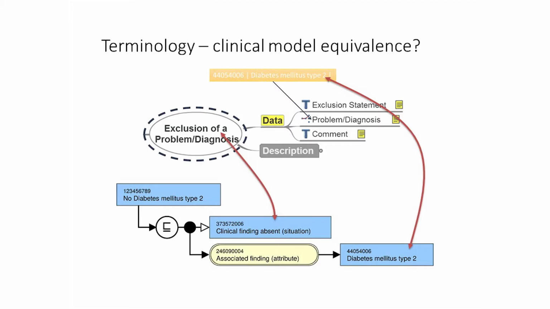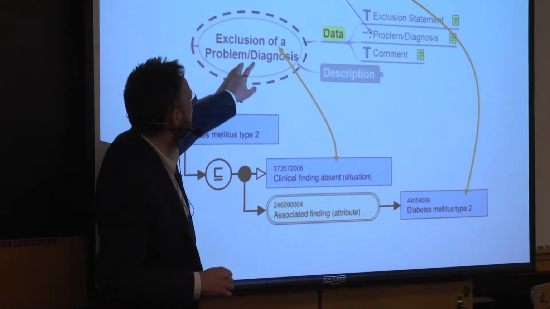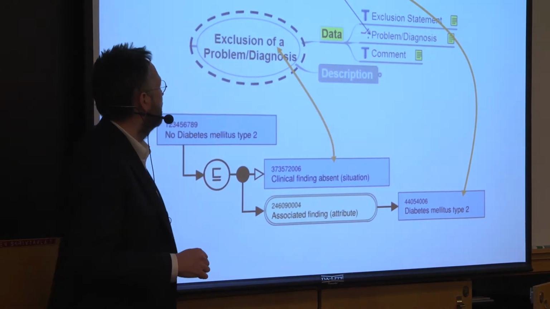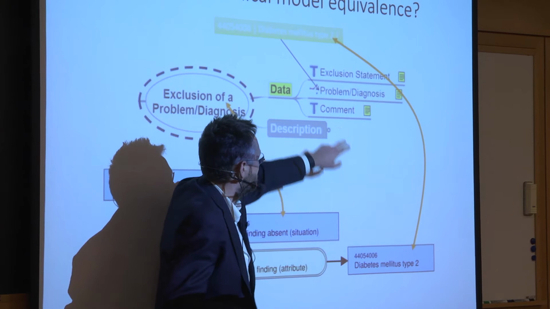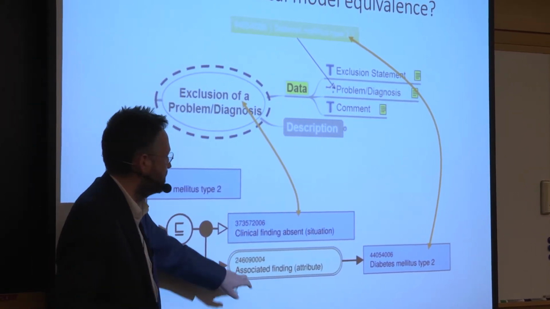There's been various experiments. There's been a European Union project called Semantic HealthNet. They have considered whether it would be possible to take these things described in SNOMED and detect the equivalences. So if something is clinical finding absence, it seems kind of similar to having an exclusion archetype, and this problem is the same as that one there, the associated finding.